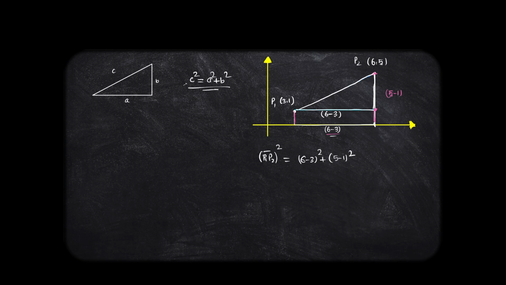Now how can we remove that square? Simply by taking the under root, right? So I'll take the under root, and the remaining thing is as it is, square plus 5 minus 1 whole square. It will be the under root of 3 square plus 4 square. Basically it is 9 plus 16, right? Basic calculation. Under root of 25 equals 5.